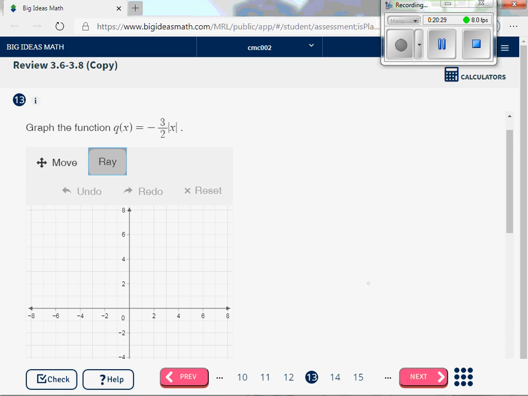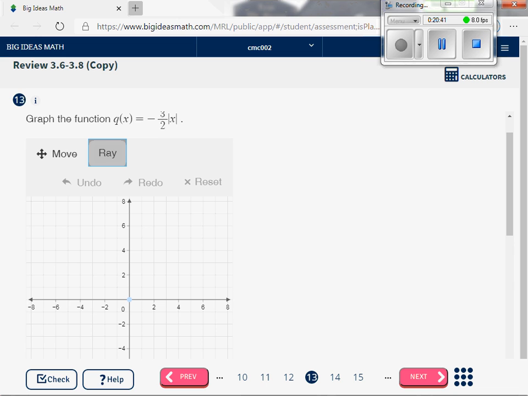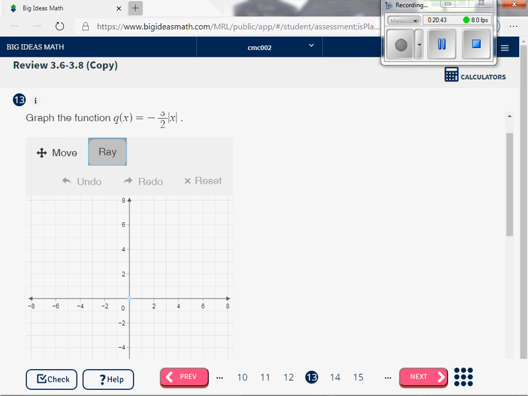Now, if we were going to go through and graph it, we would use our points. And if we found the points, one of them is going to be 0, 0. And if we plugged in 2, because we'd get a fraction at -1, or at 1, we would actually get -3. So this would be one side.